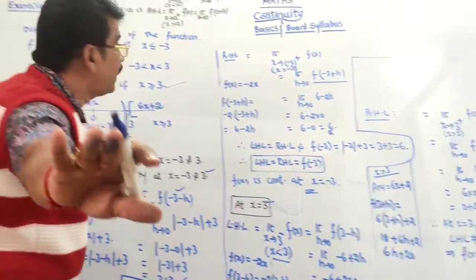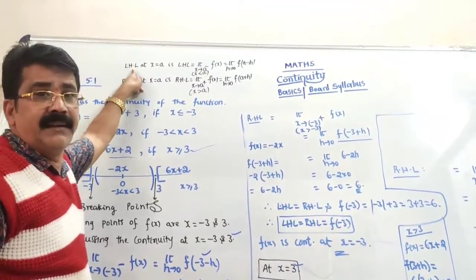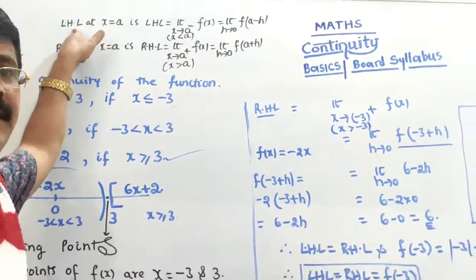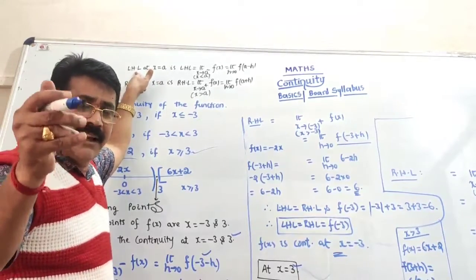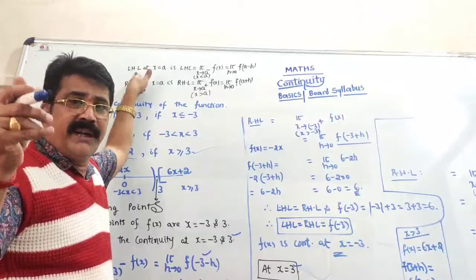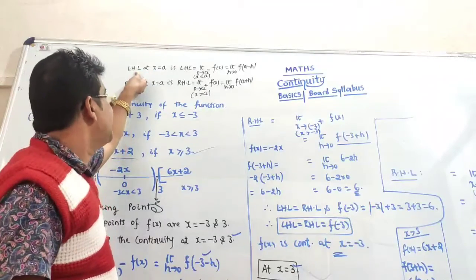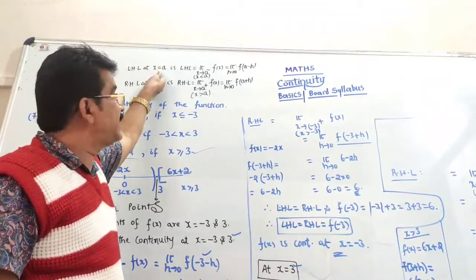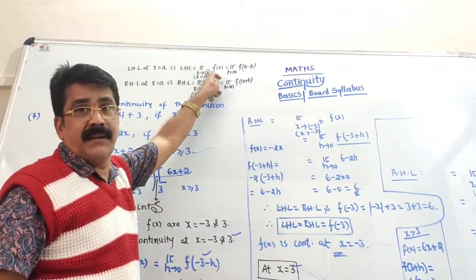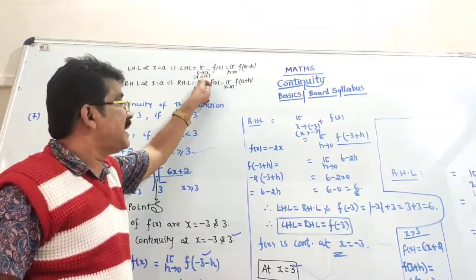Another important thing: for y equal to f of x, it is to be understood that a is in its domain. Small a belongs to the domain of f of x. LHL at x equal to a is limit x tends to a minus f of x; minus means x less than a.